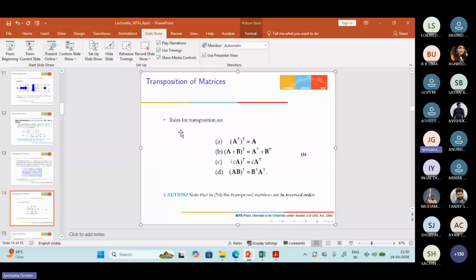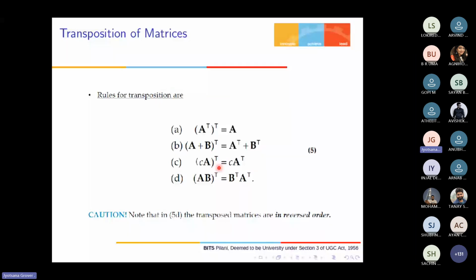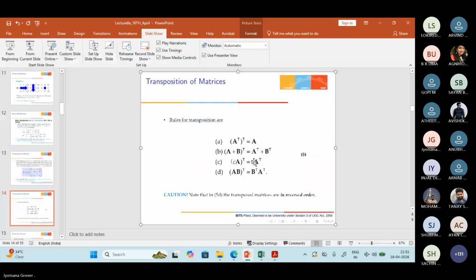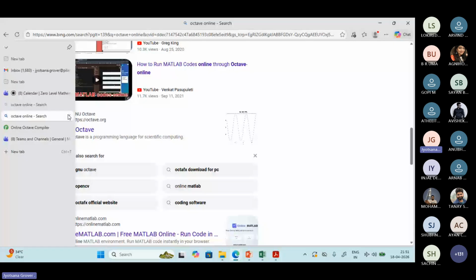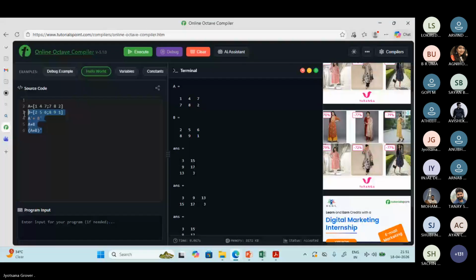Okay, let's see this. C into A, you take the whole transpose. Now we'll do this rule. You multiply scalar with matrix, then take its transpose. It's same as take the scalar and multiply with A transpose. Now I'll show you. Okay, this is your A. C is supposed to be 2.